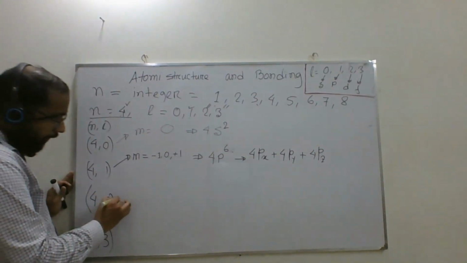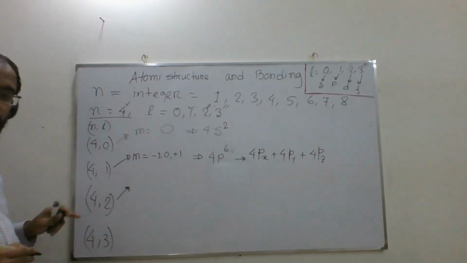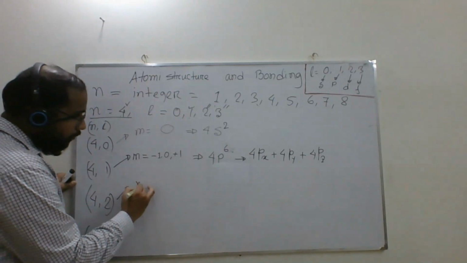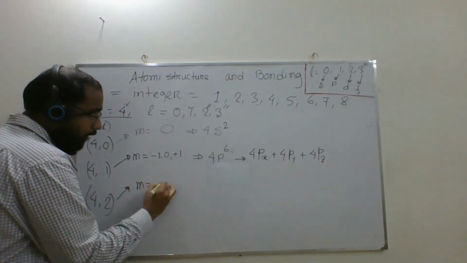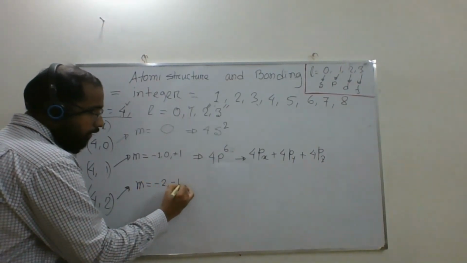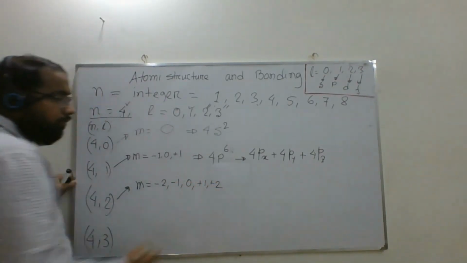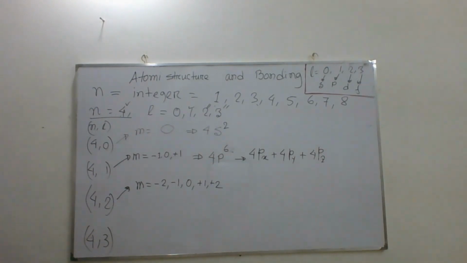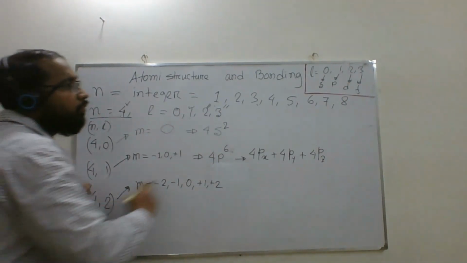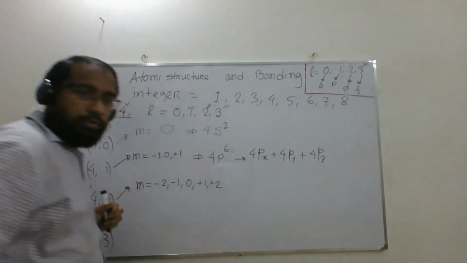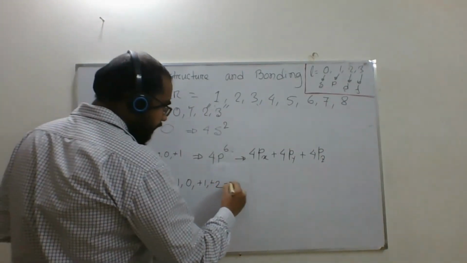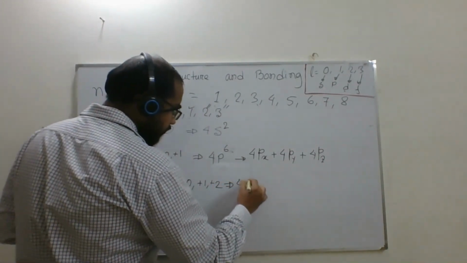Then if l equal to 2, m equal to -2, -1, 0, +1, +2. Now if l equal to 2, then we know that it is D. So this is basically 4d.